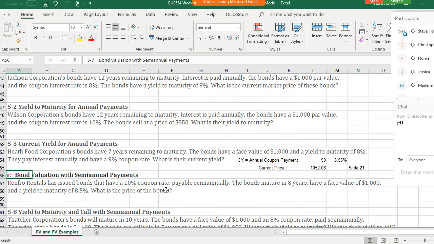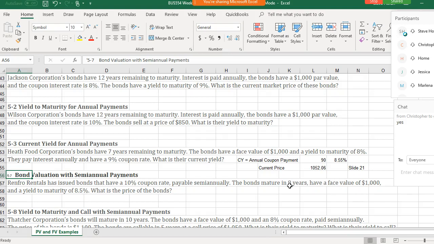And so there are some steps you have to go through when that is the case. The steps are, you double the n: you take the 8 and multiply it by 2. So think about that. For 8 years, every 6 months there'll be a payment. So 2 payments per year for 8 years. That's 16 payments.